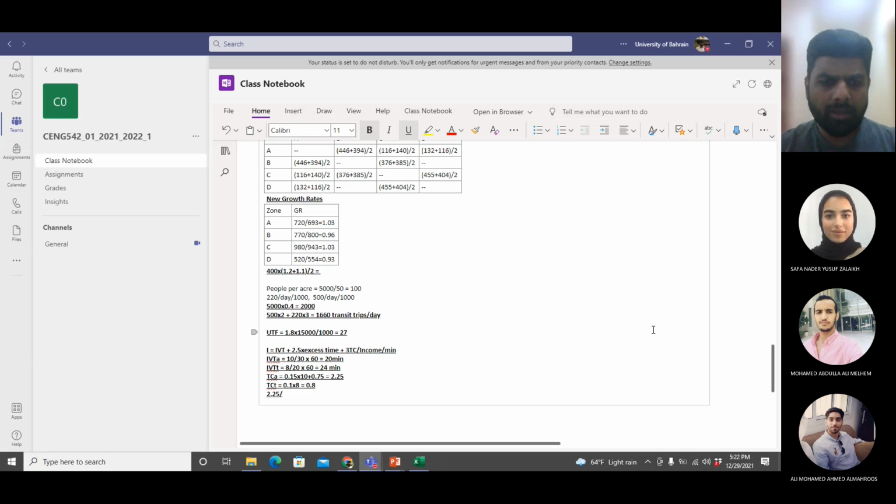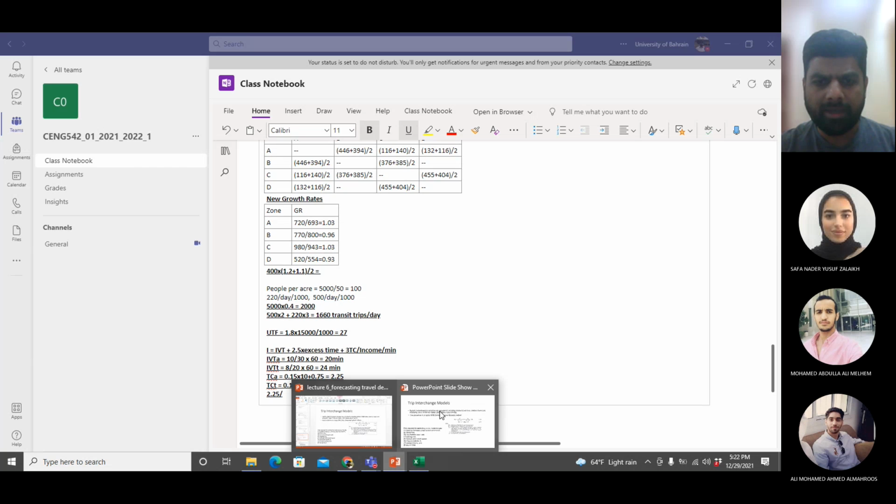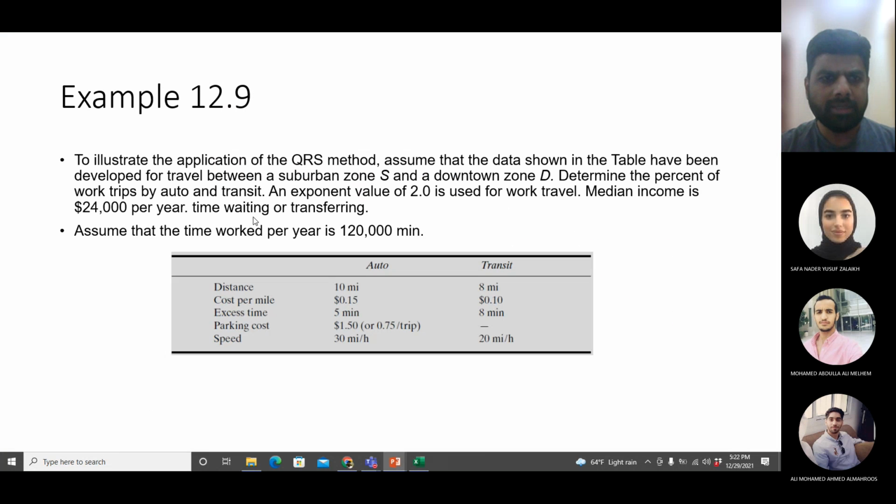So the median income will be taken here. Median income is given as 24,000, and the number of minutes worked in the complete year is 120,000.